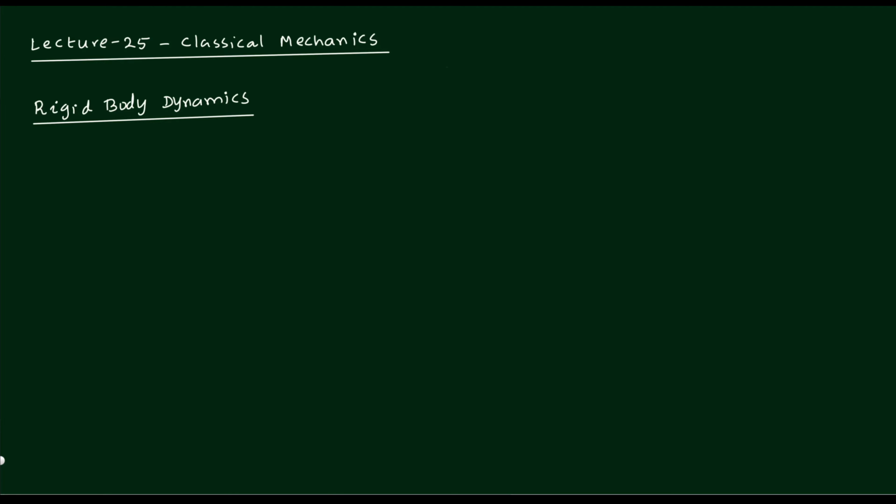And for now, let us start with what rigid body dynamics is, and how to deal with the dynamics of a rigid body. So the first point is that let us draw a diagram, roughly arbitrary, meaning any shape. We don't have to consider a particular shape for the rigid body. We will consider some arbitrary shape, and we also assume that the density is not uniform.